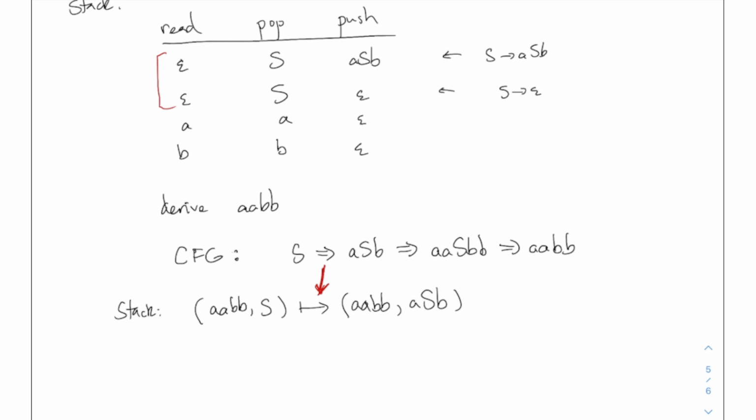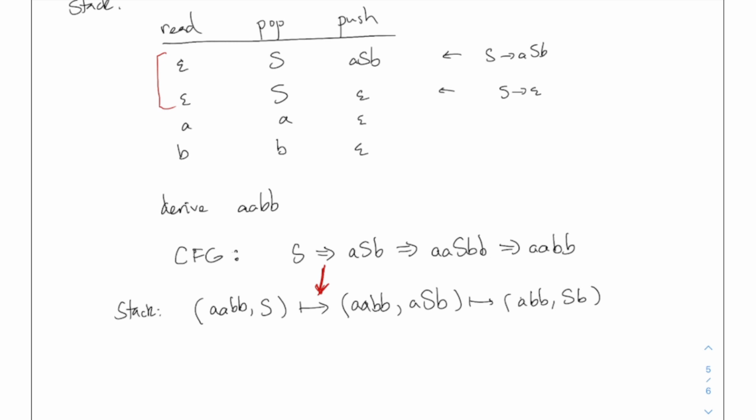Now I'm going to do some letter clearing. I have A on the top of the input and also A on the top of the stack, so I'm going to cancel those using the first of those letter canceling rules. It will say ABB, comma, SB. All right. What should I do next for the next stack step? I've canceled all the letters that I can.